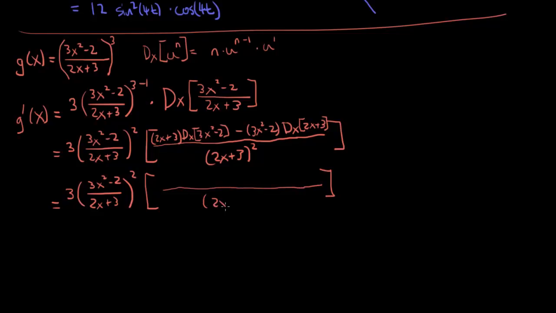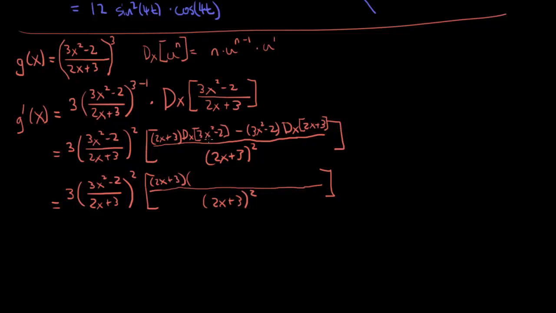So we have 2x plus 3 squared still on the bottom. Now let's see if we can find those last derivatives, and after that it will be just simplifying. So we still have 2x plus 3.